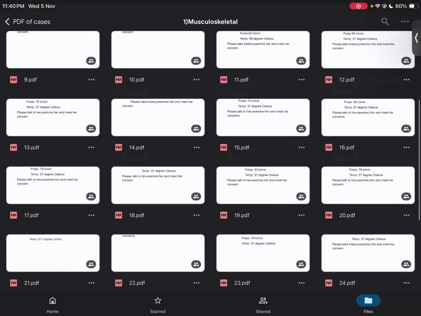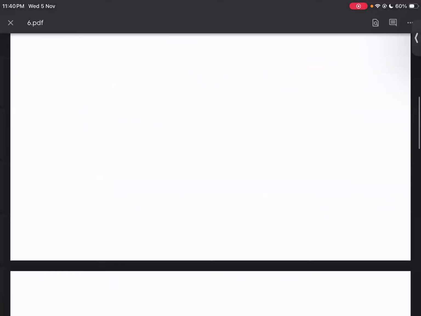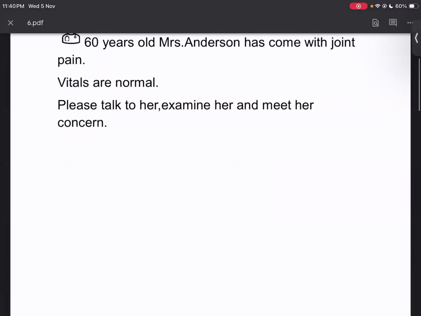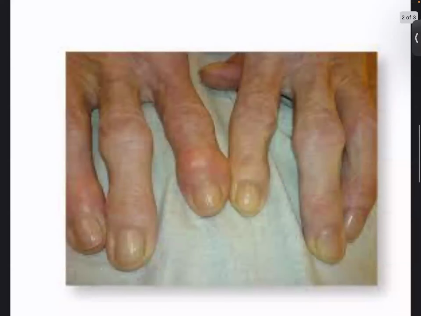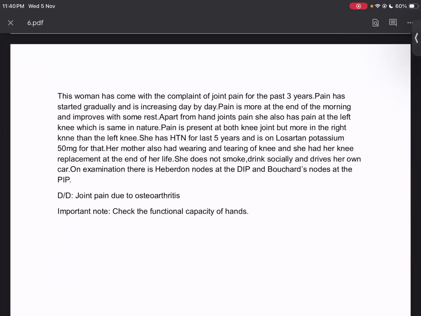For musculoskeletal, there are about 30 cases. Suppose there is a case, all the details are given here. This is a case of joint pain. The patient has come with hand pain, and the cause of hand pain is osteoarthritis. You will be given a picture, and all the details are given here, simulating the real PACES exam cases.